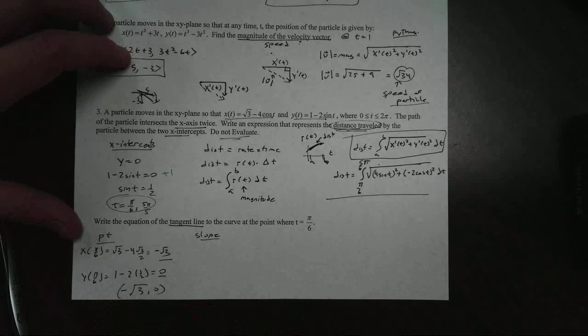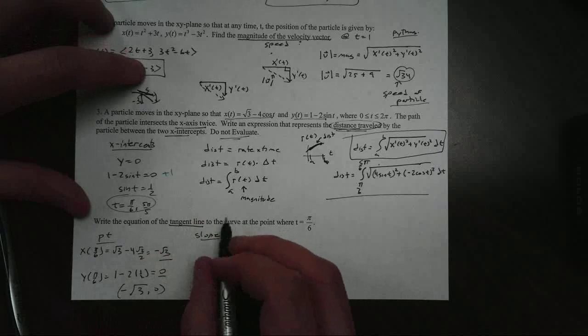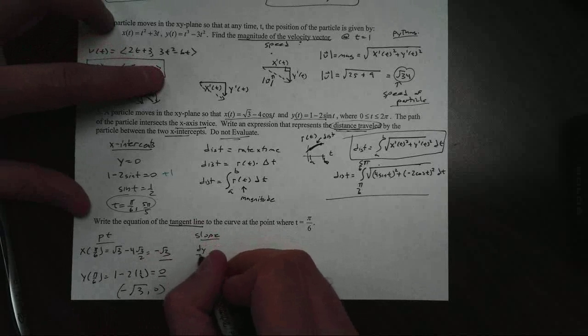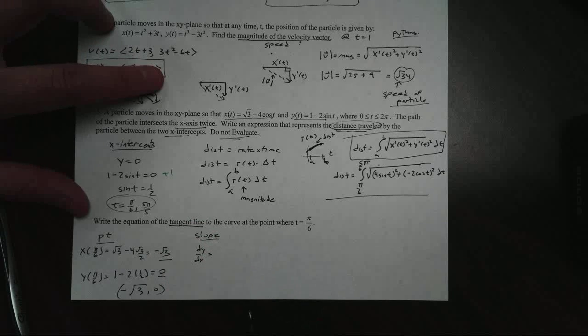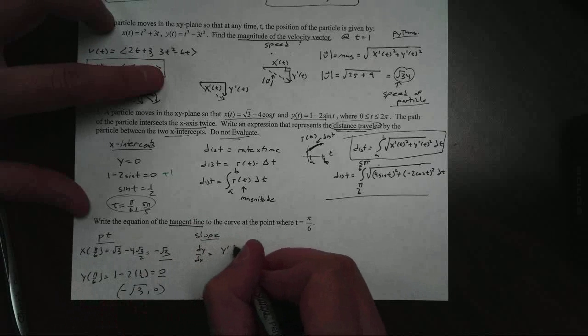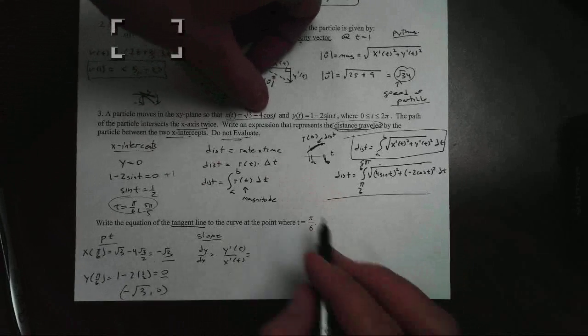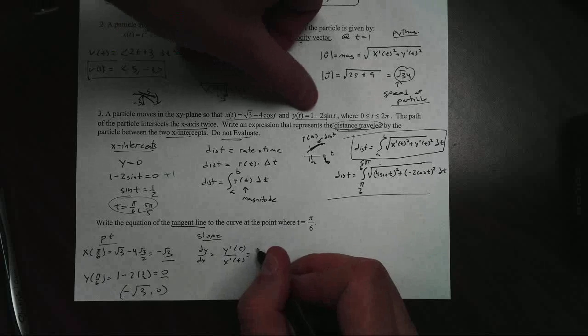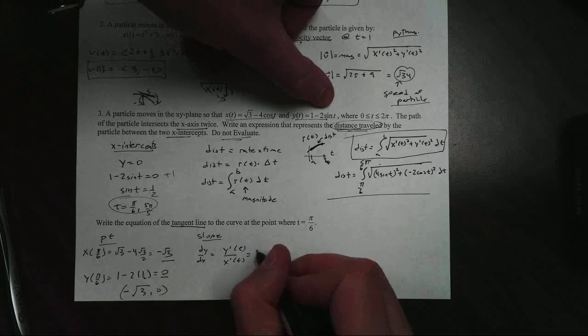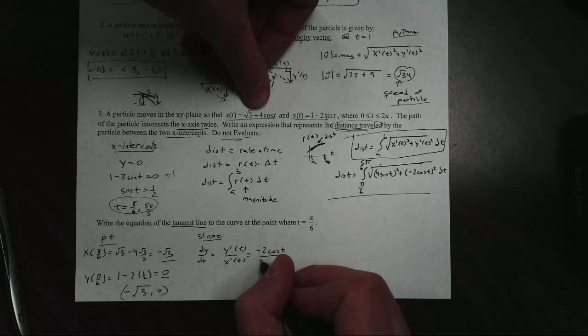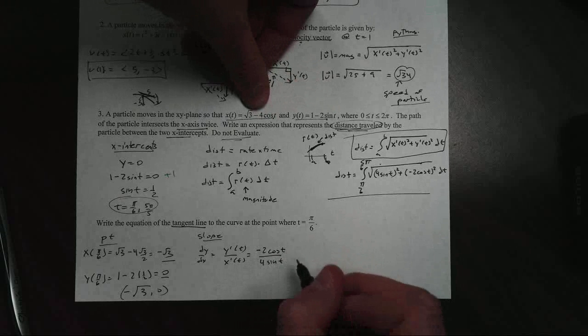There's the point. To get the slope, remember it's change in y over change in x. From parametrics, we learned that this is just y prime of t over x prime of t. That gives me negative 2 cosine of t over positive 4 sine of t.